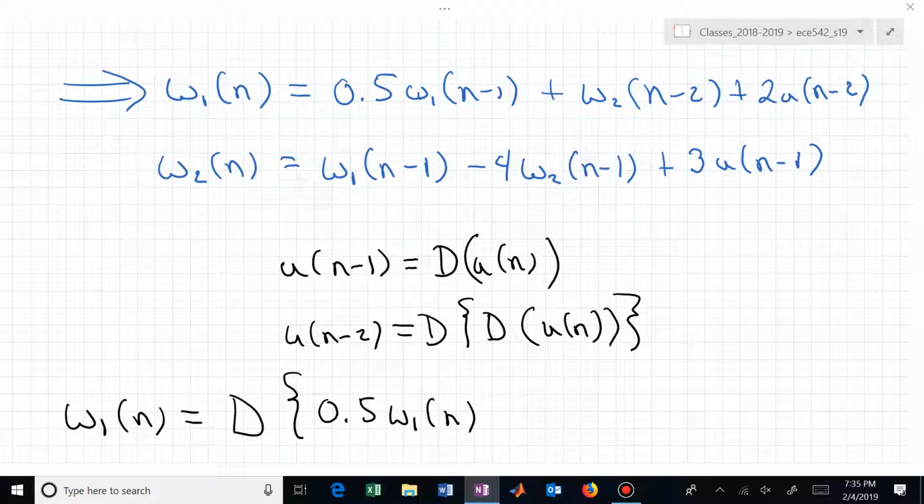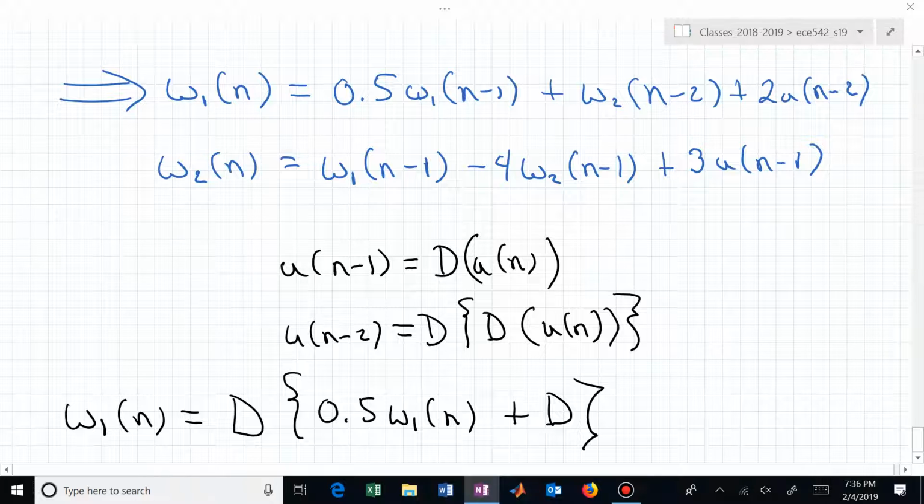Now that D that's on the left of that curly bracket is going to also operate on the delay associated with W2 of n minus 2 and 2 times U of n minus 2, so that I now have plus another delay running out of brackets. So let me create a new one. This is now going to be W2 of n plus 2U of n.